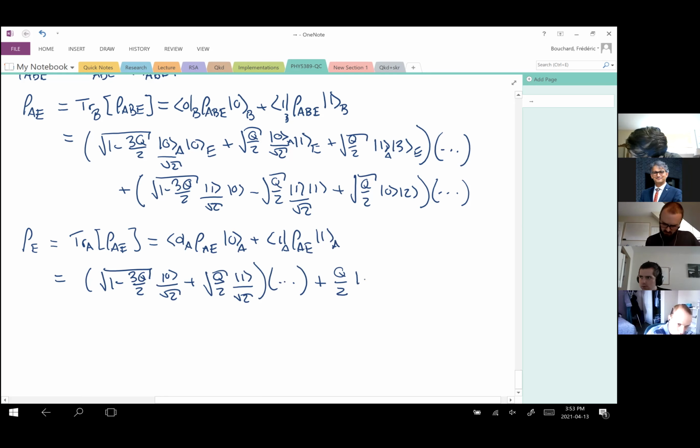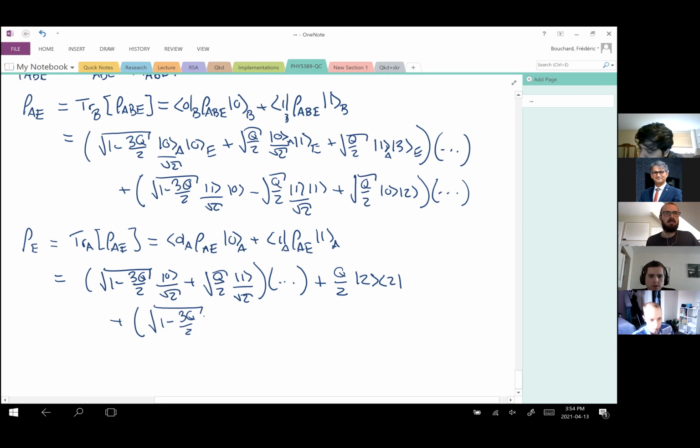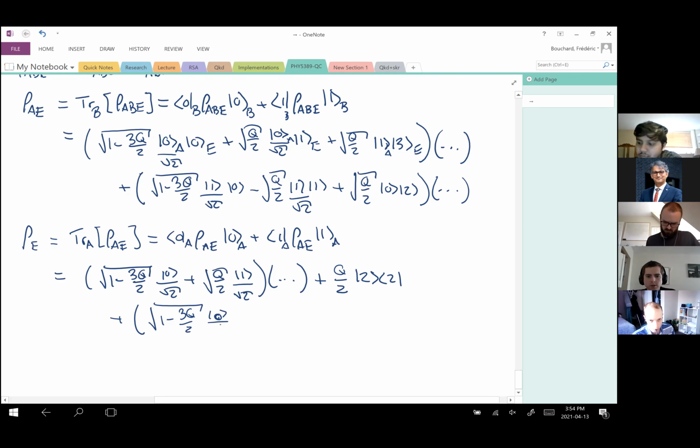So for the 0 state, you see in the second term of rho AE, only the third part stays. We can write it directly like this. And then we have a minus sign.